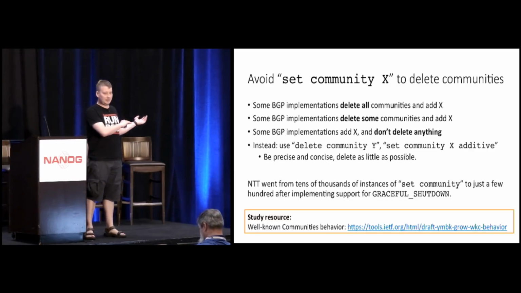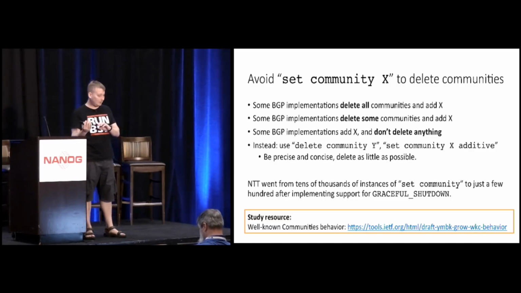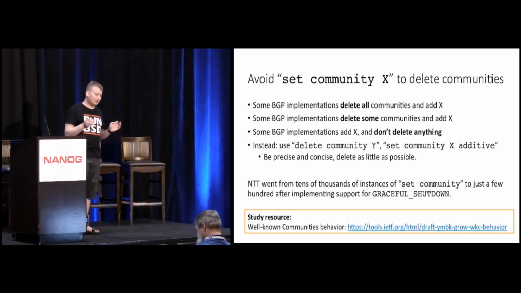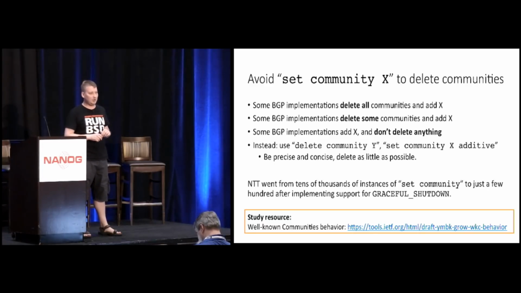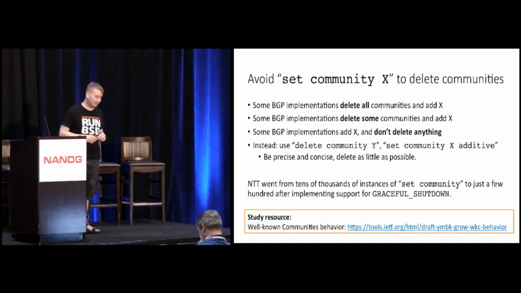When NTT implemented graceful shutdown, we went from tens of thousands of instances of set community X to just a few hundred in a few corner cases, because we didn't want to wipe out the graceful shutdown community, but would want to leave it attached to the route so we can propagate it for others' benefit.